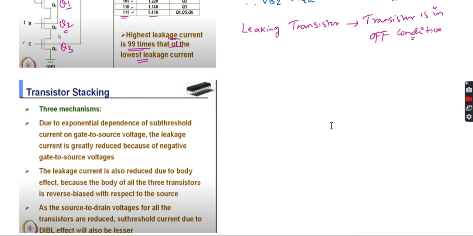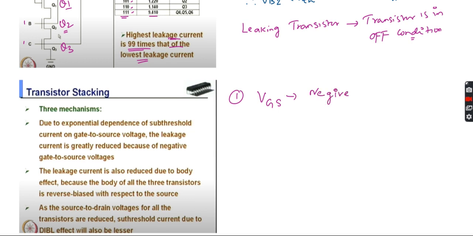So what are the mechanisms? The first thing is due to the exponential dependence of the threshold current on gate to source voltage, as we saw earlier, the leakage current is greatly reduced because of negative gate to source voltage, that is VGS is negative. So simply, the first mechanism is VGS should be negative.